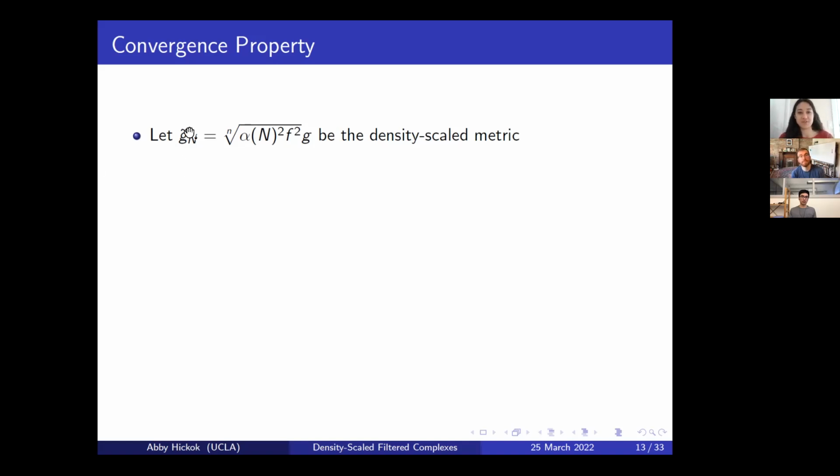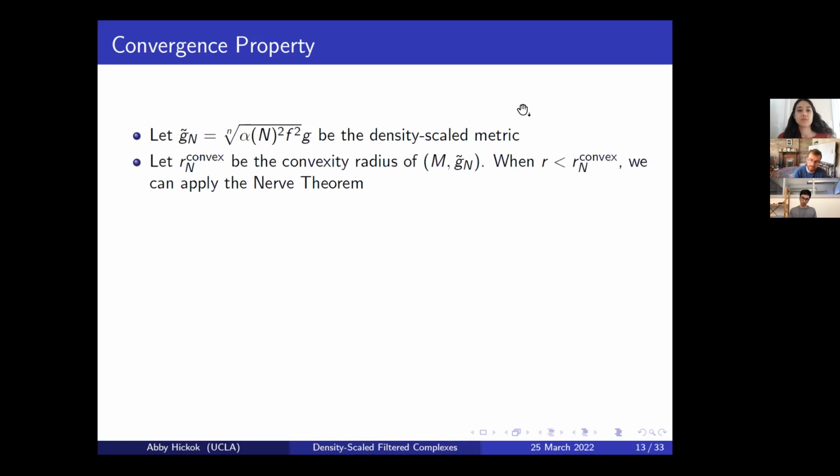Here I've written the density scaled Riemannian metric at the top, and as a reminder, it depends on the number of points n. The convergence property can be stated in terms of the convexity radius and the coverage radius. Let R convex n be the convexity radius of the density scaled manifold. When R is less than the convexity radius, geodesic balls of radius R are geodesically convex, so intersections of them are also convex, and so they're either contractible or empty, and we can apply the nerve theorem.